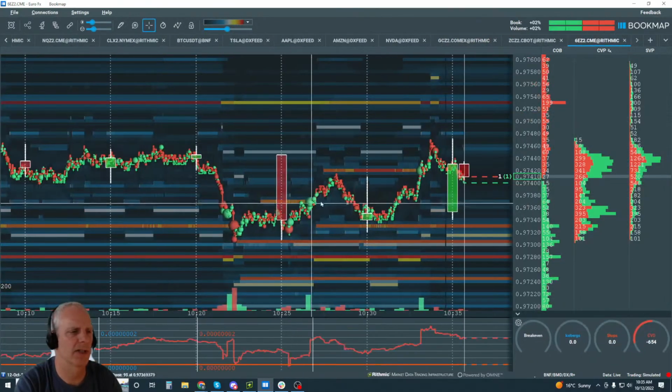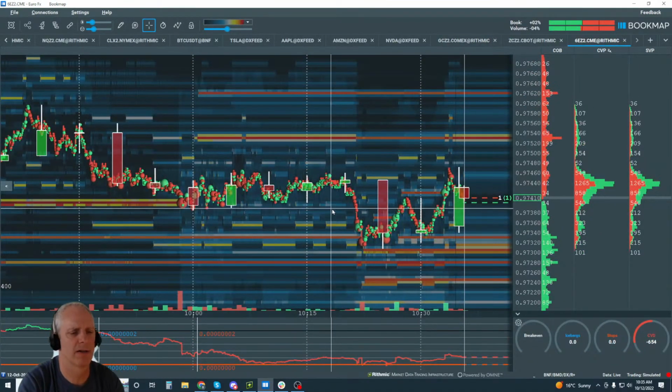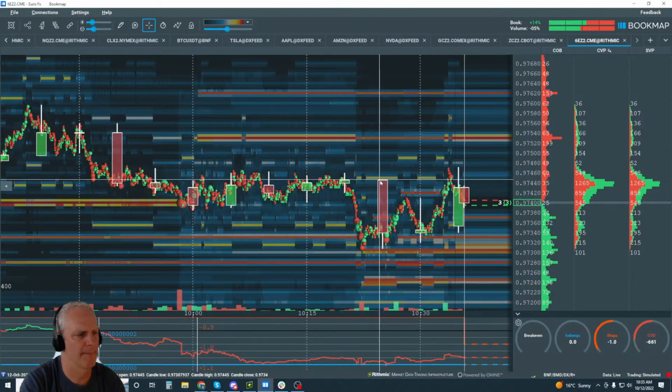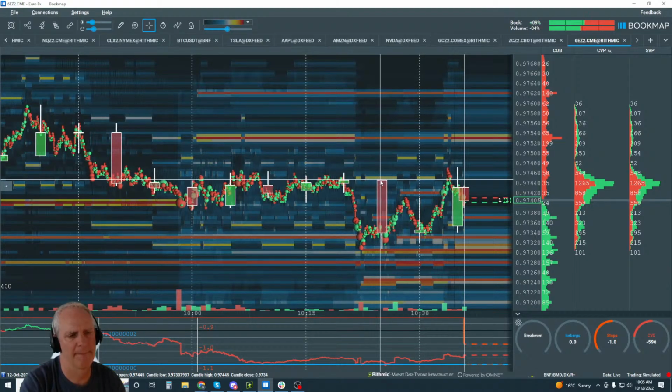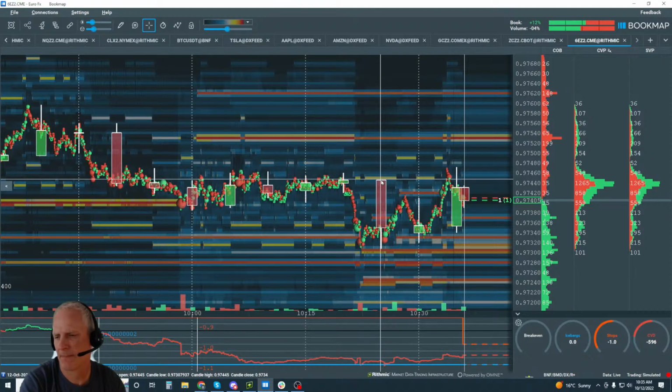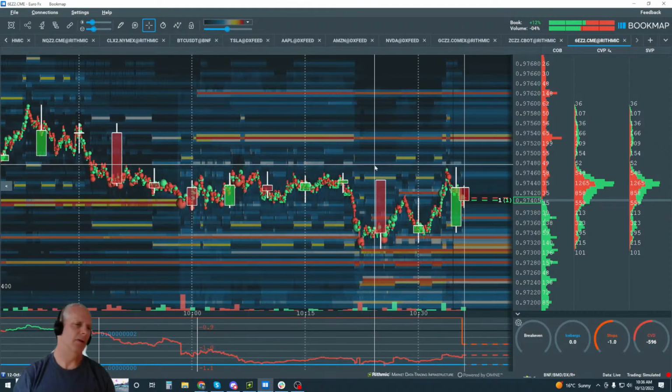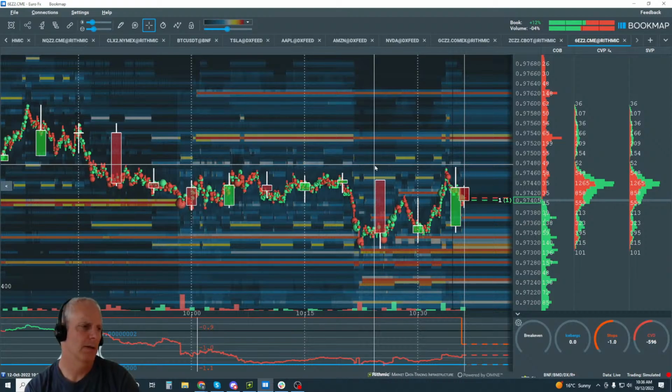Let's take a look at our 6E if we get any insight here. So we should look for euro strength here if we want stock market strength.